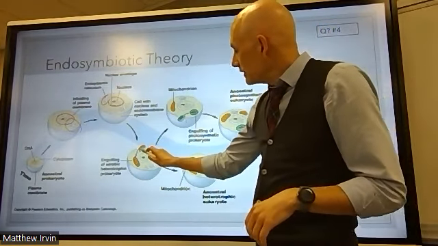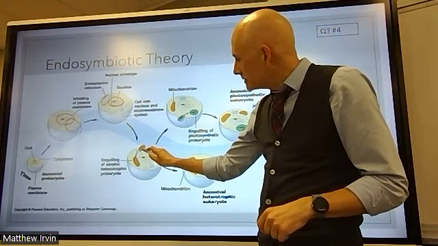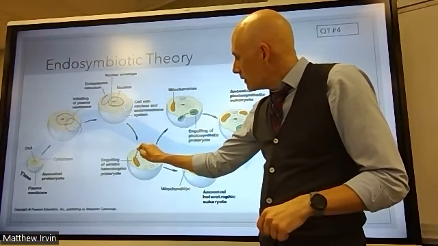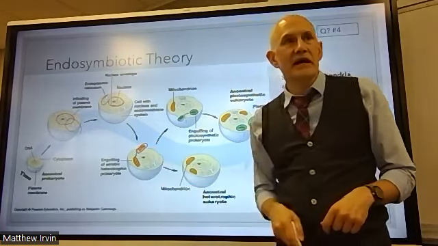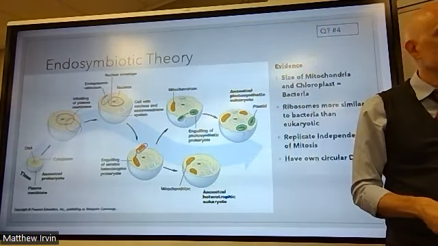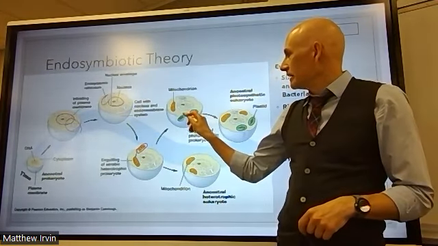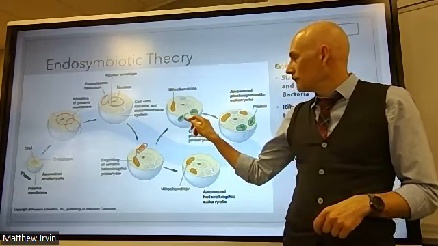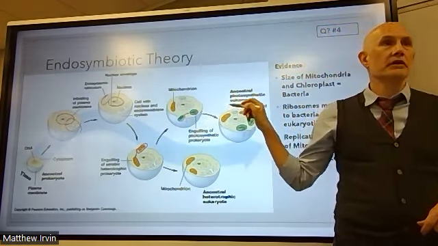This has one membrane, but when it comes in, the cell membrane wraps around it, and that becomes the outer membrane of the mitochondria. And then later, the same thing happens with a photosynthetic prokaryote that then becomes the chloroplast.